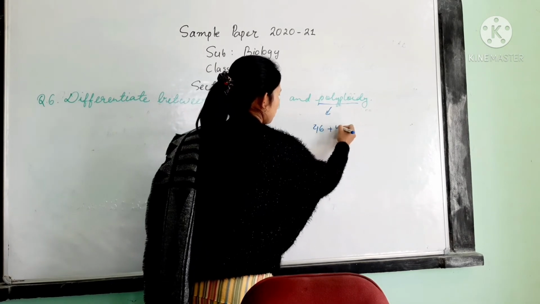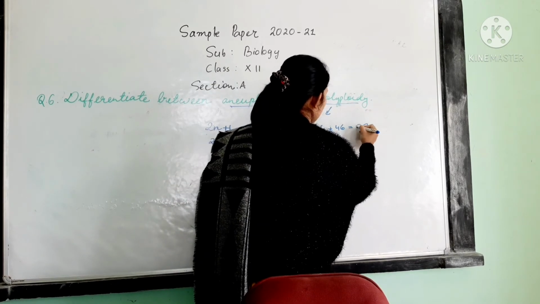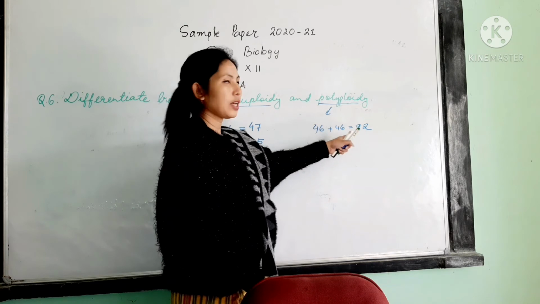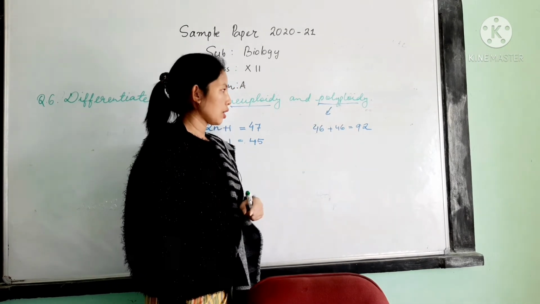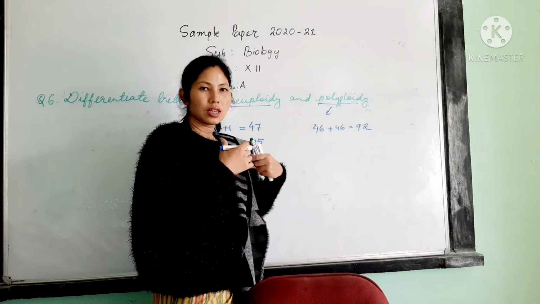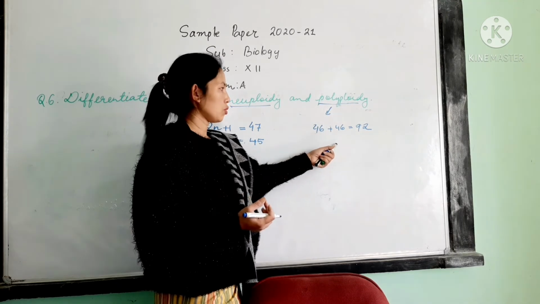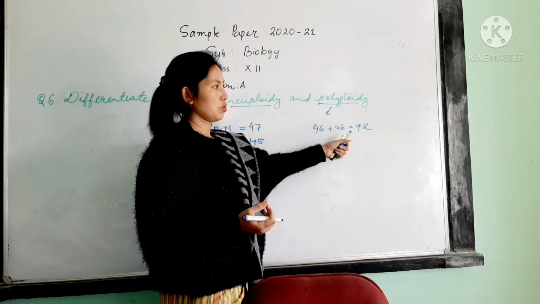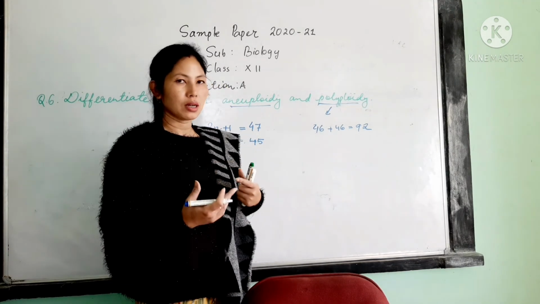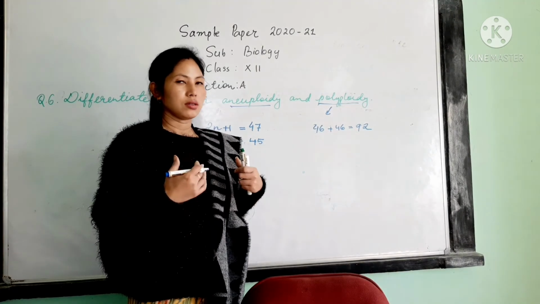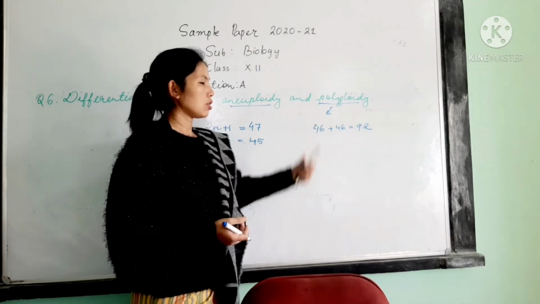That is 46 plus 46 becomes 92, so a total of 92 chromosomes. But due to the failure in cytokinesis, the cell will not be divided into two, and it will result in the double number of chromosomes, from 46 to 92. This phenomenon is known as polyploidy, where the entire set of chromosomes is doubled, resulting in multiple sets of chromosomes in the same cell.